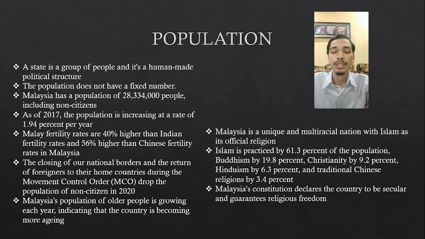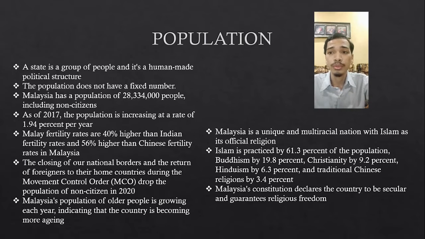1%. Malaysia's population of older people is growing each year, indicating that the country is becoming more aged. In 2020, the number of people aged 0 to 14, the young age group, fell to 23.3%, down from 33.5% in 2019. And the total number of those aged 15 to 64, the working age group, fell from 69.8% in 2019 to 68.8% in 2020.